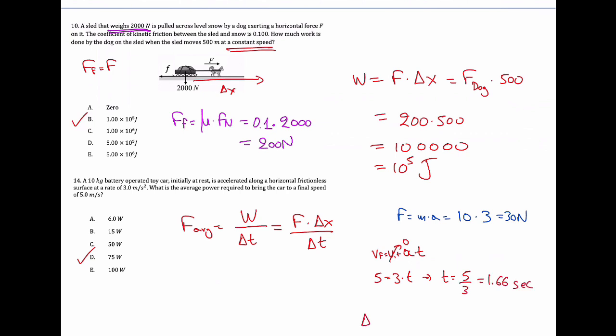And from this we can find the distance. The distance is v initial t plus 1 over 2 a t squared, so it is 1 over 2 times the acceleration, which is 3, and the time 1.66 to the power of 2. Give me 1 second for this.